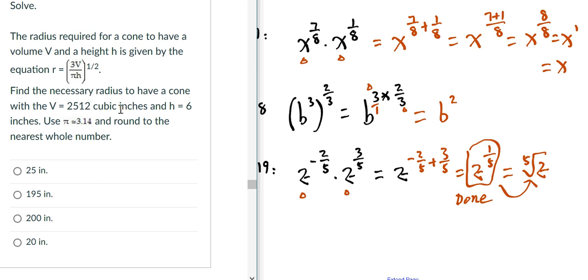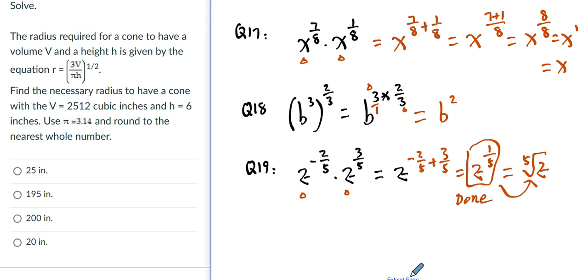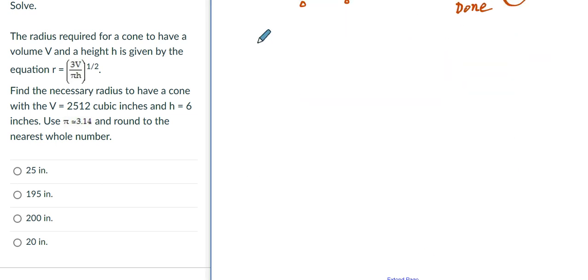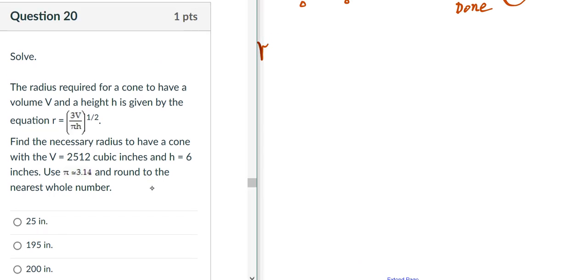We want to find the necessary radius to have a cone with a volume 2,512 cubic inches and height h is 6 inches. We use pi as 3.14 and round to the nearest whole number. Okay. Based on the question here, we want to write r first.